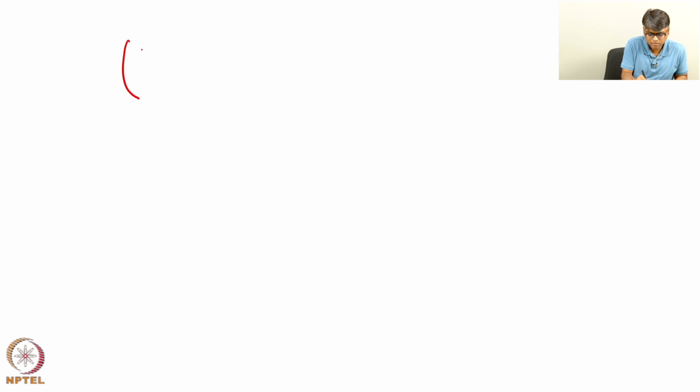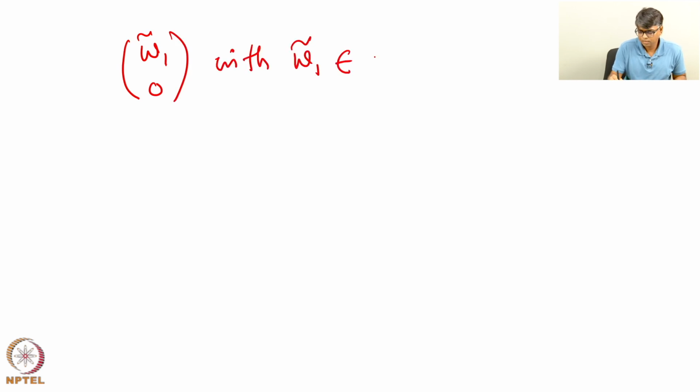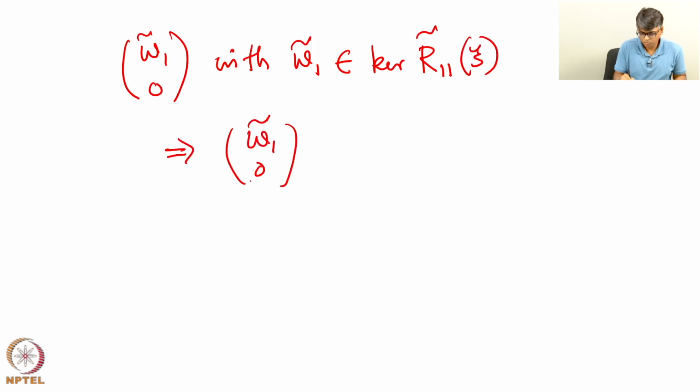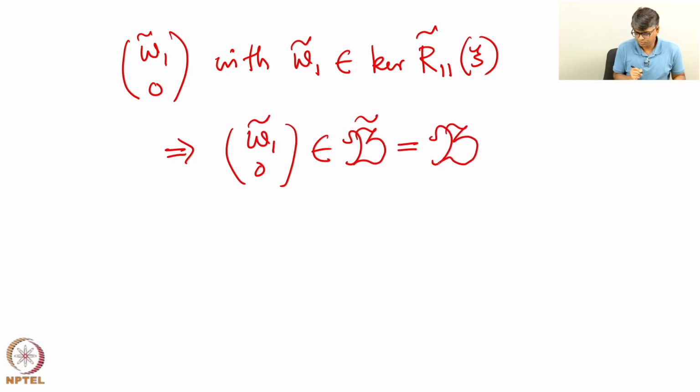Likewise, just reversing the logic, w1 tilde 0 with w1 tilde in kernel of R11 tilde xi would imply w1 tilde 0 is in B tilde, but that is equal to B by our very assumption.